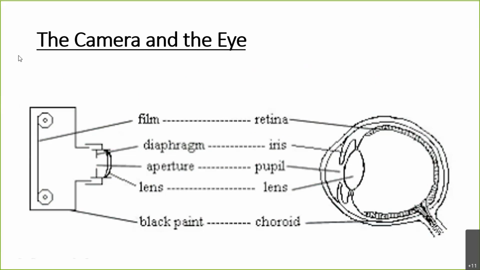Okay, so I'm not going to go into this very much, but I just included this diagram so you can get an idea of those parts of the eye that are like the camera.